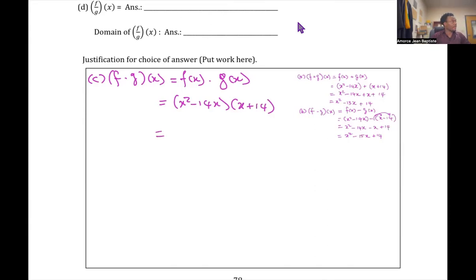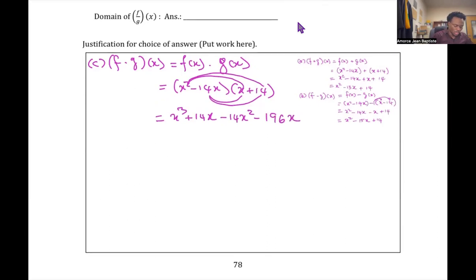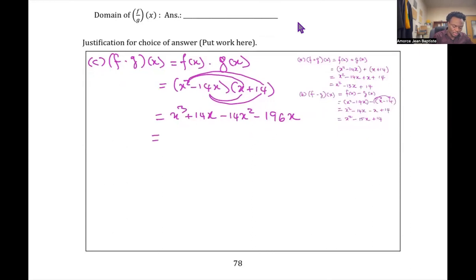We're going to FOIL this. X squared times x, that's x to the third. X squared times 14, that's 14x squared. Negative 14x times x, that's negative 14x squared. Negative 14x times 14, that's negative 196x. So we can combine like terms if any.